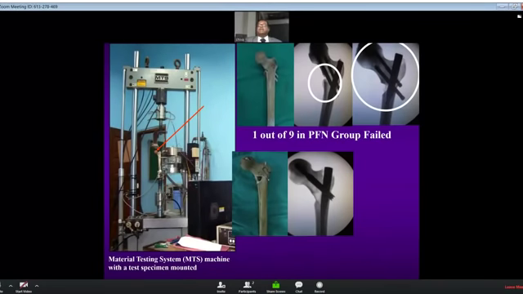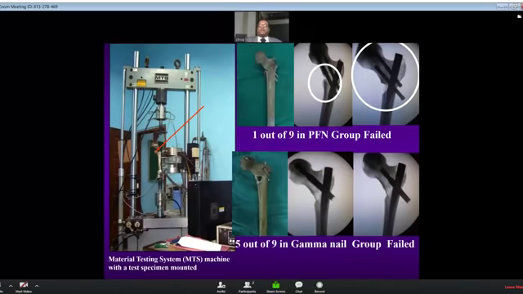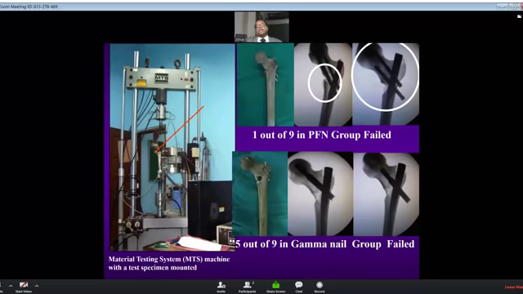See, the gap is so much. So even in all these cases, only one of them in 9 failed, whereas 5 out of 9 in the gamma nail group failed. And he also concludes that PFN sustained more number of loads. 8 of them sustained 50,000 cycles, whereas none of them completed 50,000 cycles in the gamma nail group.